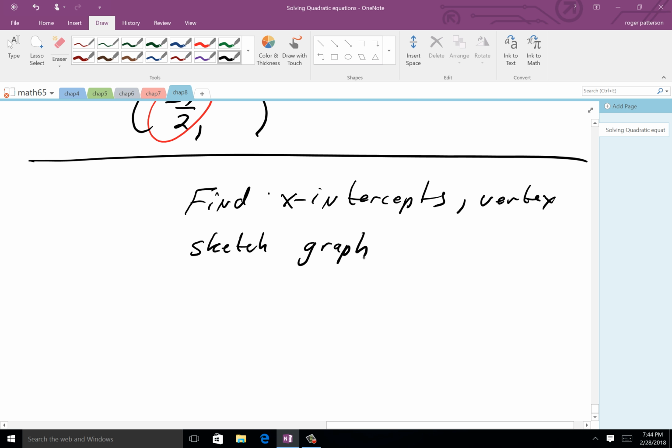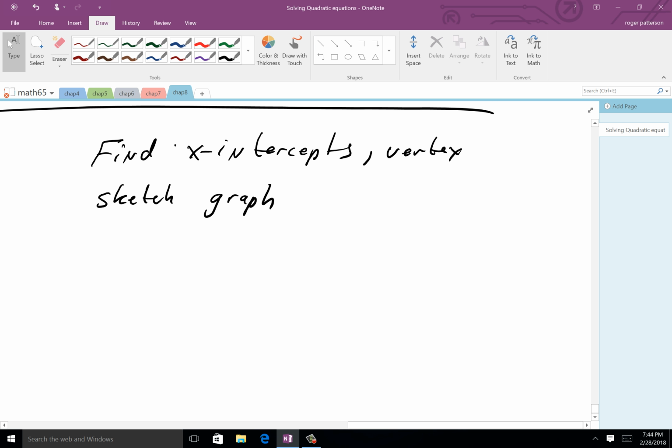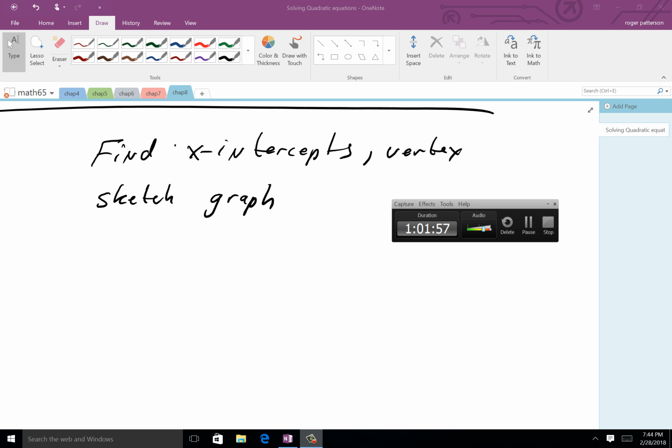So let's do y equals, I'll make one up here, 2x squared plus 6x minus 10.